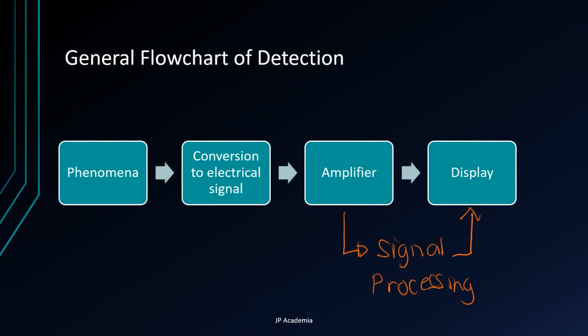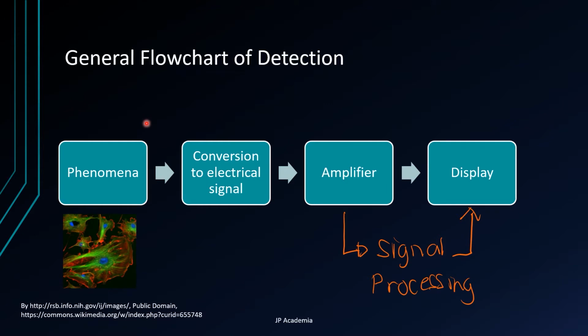So I have here the general flow chart used to detect signals for life sciences applications. The starting point is a phenomenon or a signal that we want to observe but cannot be detected naturally by our senses. It can be an electrochemical activity of a biological sample, frequency of a sound produced by an animal, let's say, or the light emitted by a fluorescent dye from a biological sample.